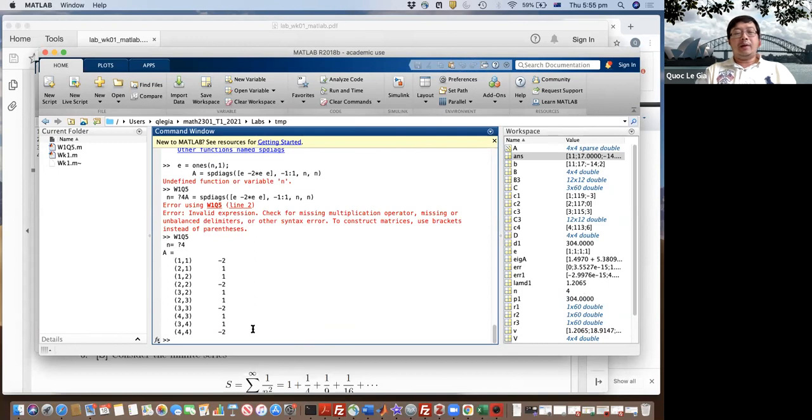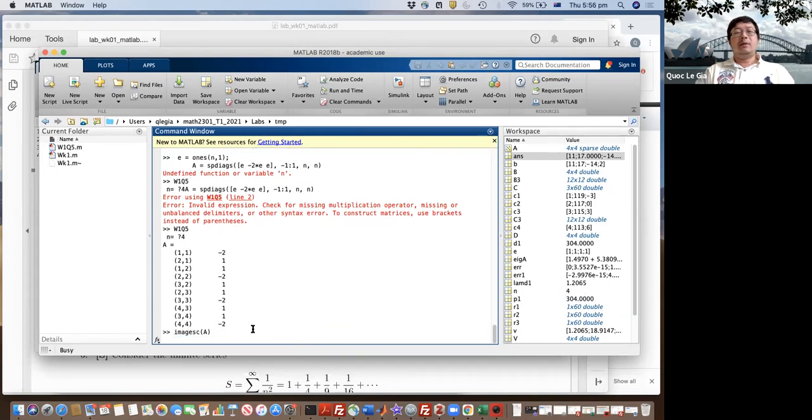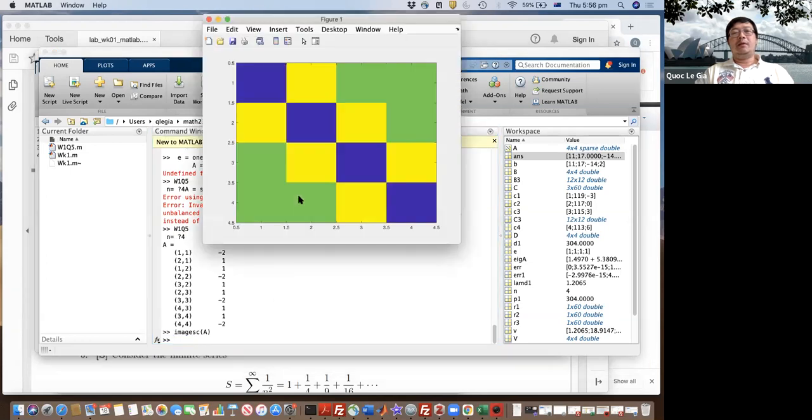Maybe I can show you the image of the matrix, and you will see that it will be a bit nicer. All of those blue ones are -2, the yellow ones are just 1, and the green ones are 0.